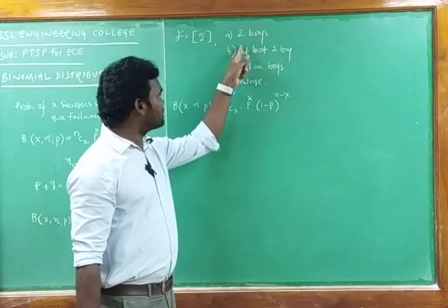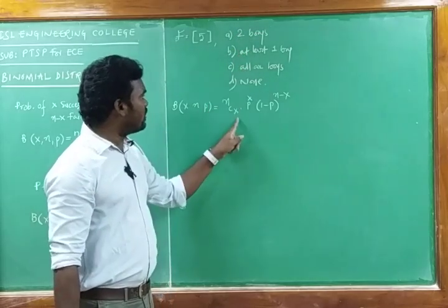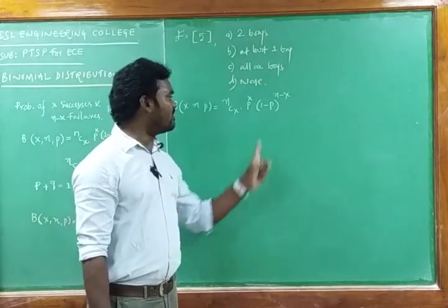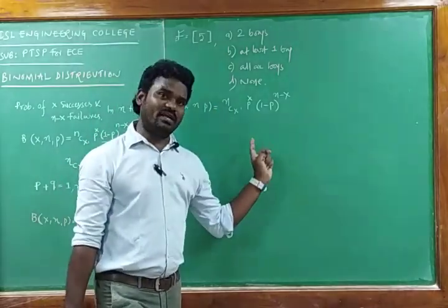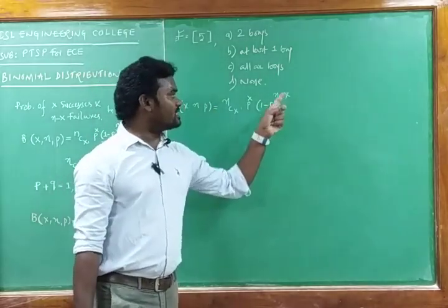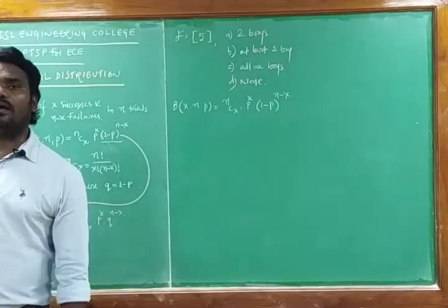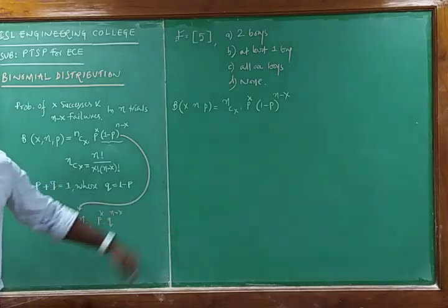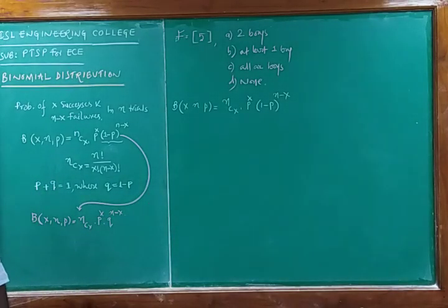X is nothing but, according to the question, x value is going to change. P is nothing but probability of getting that successful event. 1 minus P is nothing but probability of getting that failures. N minus X is nothing but the number of failures of that probability. Then I am going to solve the first question, and before going to solve, we are going to have the probability of getting a boy.